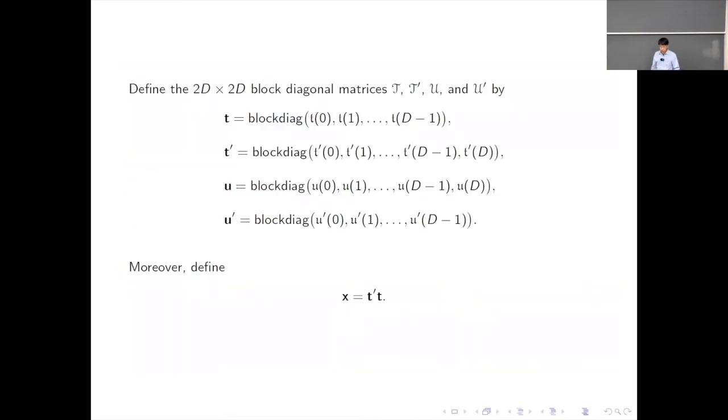Now we define the 2D by 2D block diagonal matrices. These are the bold lowercase t, t prime, u, and u prime defined by this. We're familiar with this matrix representation because we discussed it a lot yesterday. And we define the bold lowercase x as t prime times t.